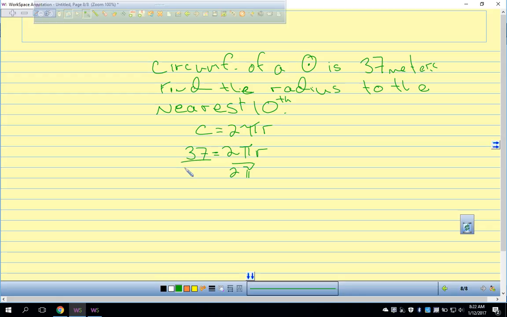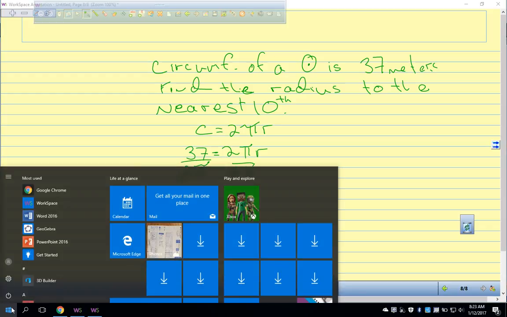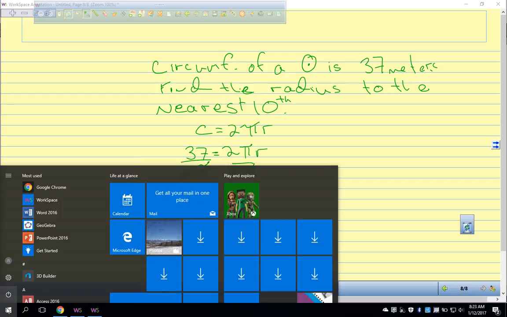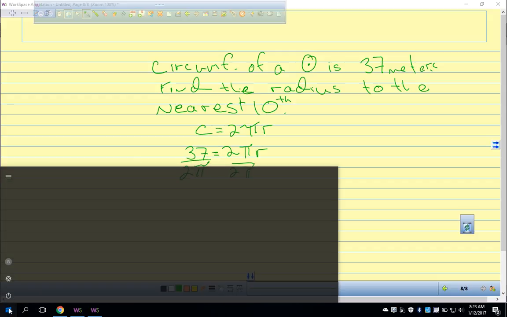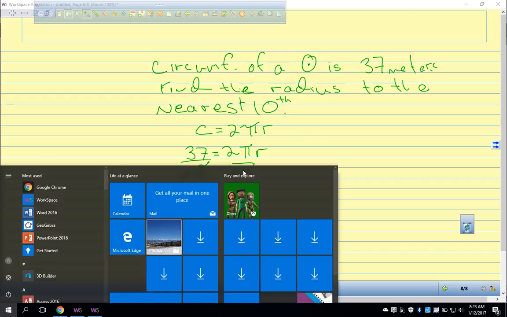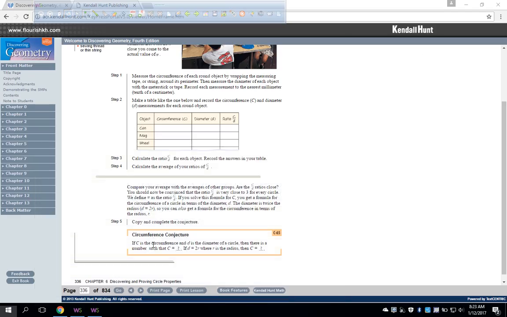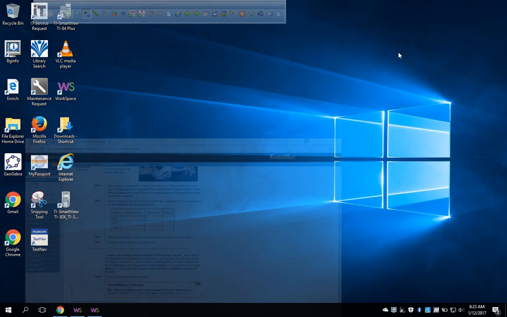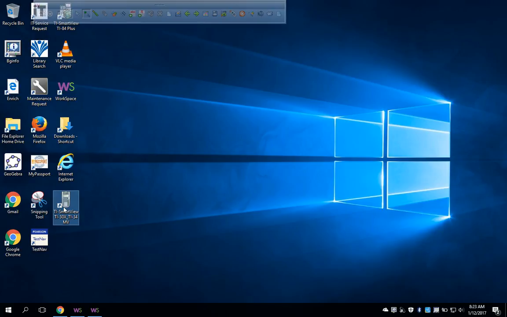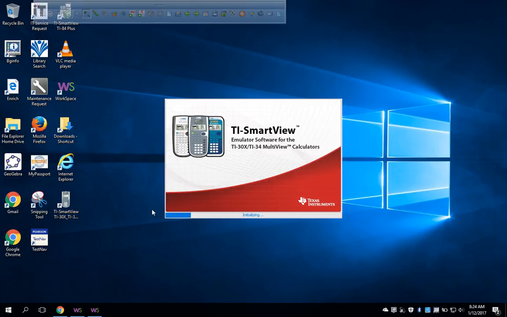So you've got to be a little careful if you're using your calculator. Let me get a calculator. I have a good calculator. I want to bring this up so you can see common errors on a calculator that you might make.